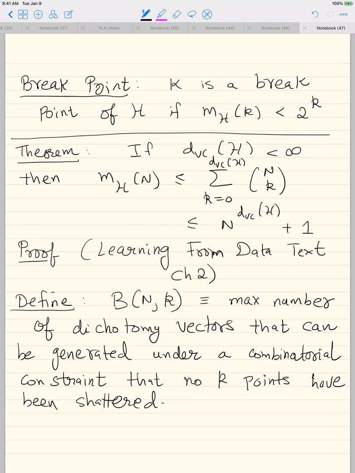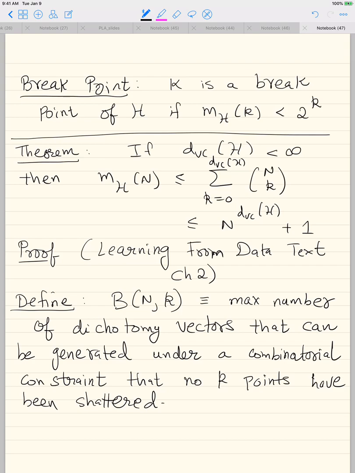Okay, so we want to look at a certain combinatorial quantity. We want to be able to enumerate all vectors of length n, where each coordinate can be plus or minus 1, such that if you look at any k coordinates, you cannot have all 2 to the k vectors in there.